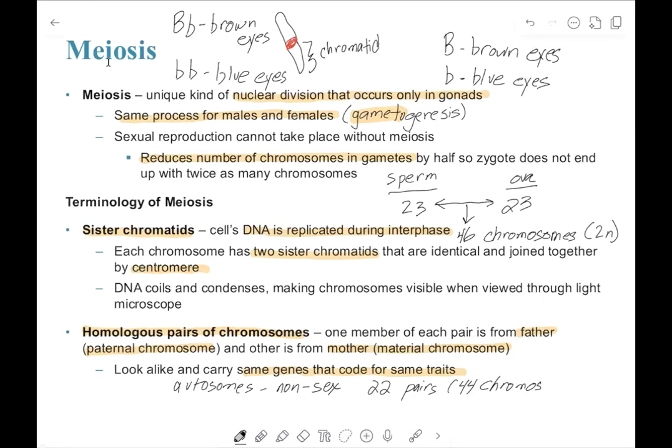The remaining two would be sex chromosomes, and these sex chromosomes are one pair. Those particular chromosomes could be one of two: the person could be XX or they could be XY.